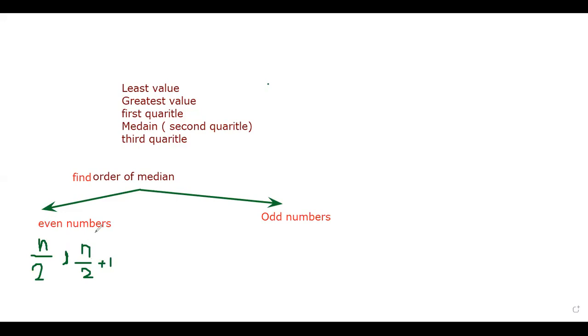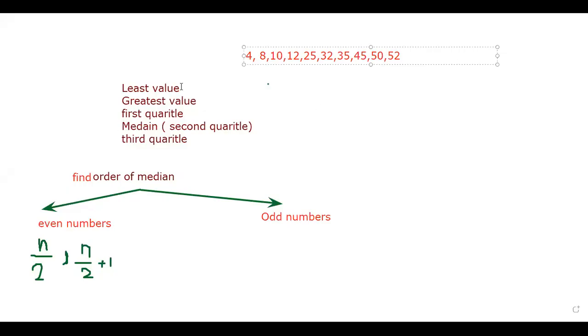So let me give you an example. If you have a set of data consisting of 10 numbers, the order of the median is different from the median, right?